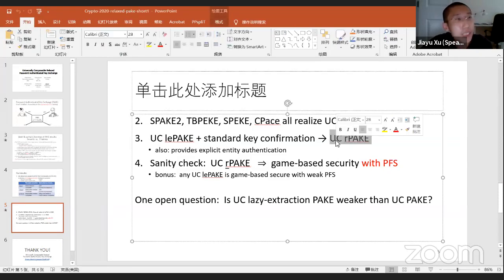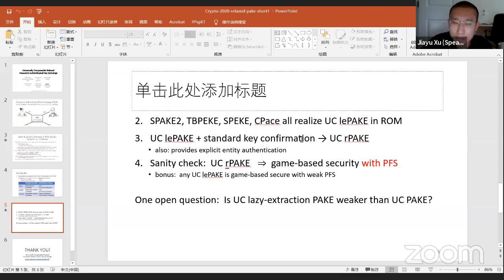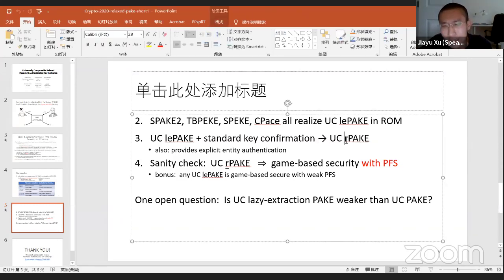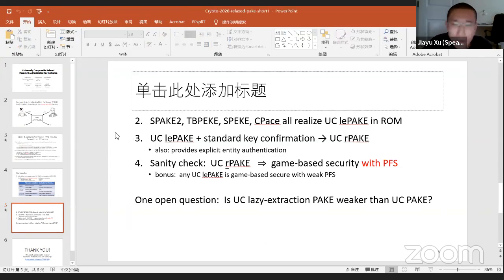I believe in the ePrint version of OPAQUE, this is already proven. The fact that OPAQUE realizes an analogy of this UC RPAKE is one of the motivations of our work on this symmetric PAKE. Okay, thank you very much.